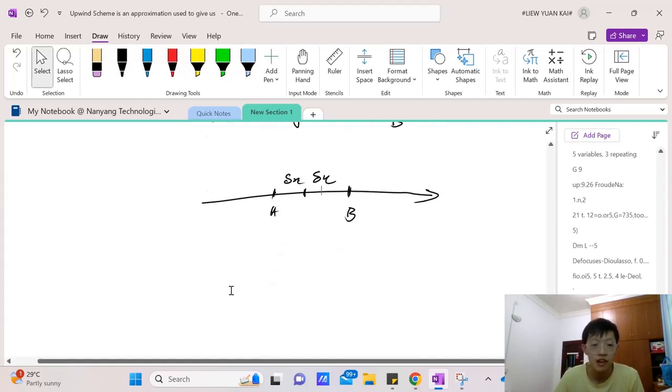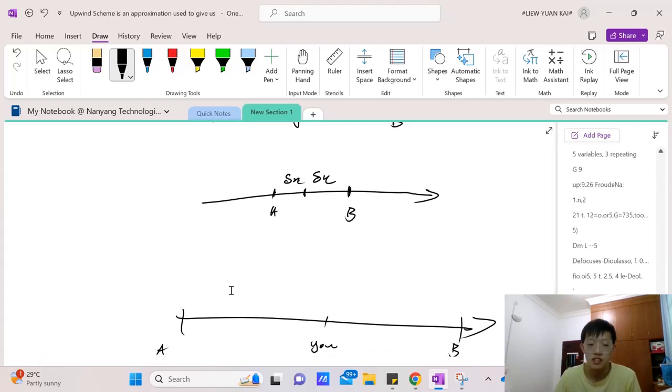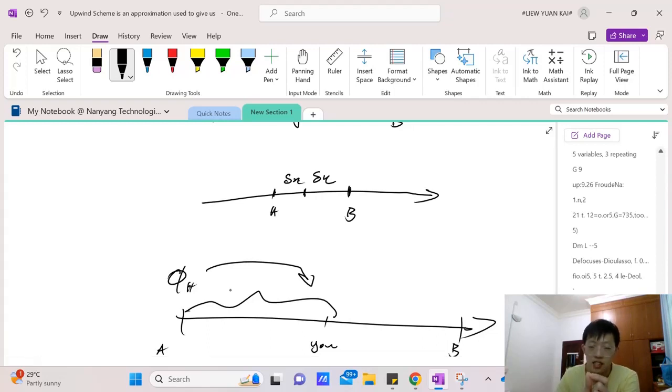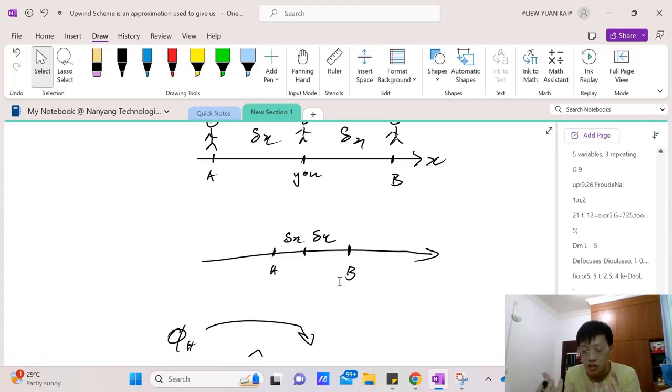If it's extremely far apart, this is U, this is A, this is B, then there's sufficient distance and time for the wind to blow phi A towards U. So decreasing the distance will increase the likelihood that phi A and phi B will reach the center point in equal proportion.